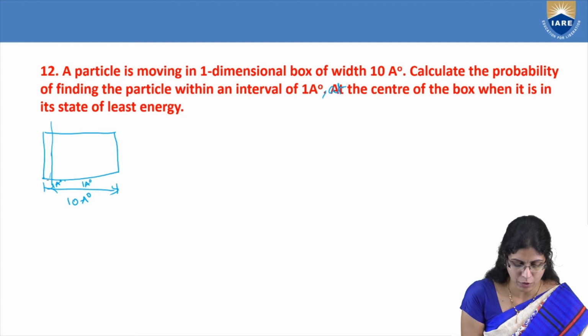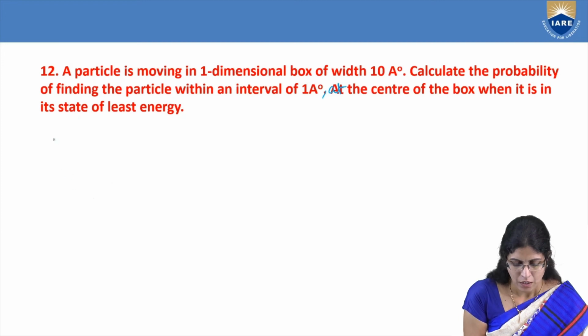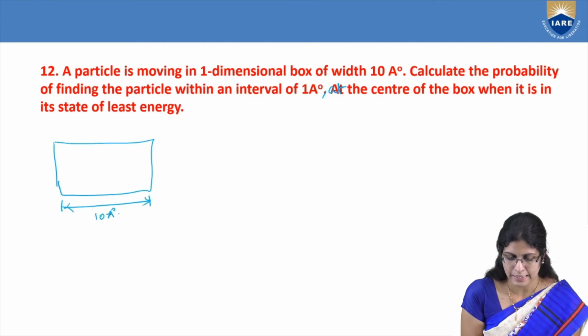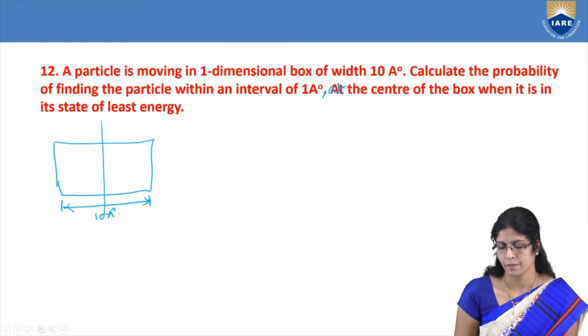So, within 1 angstrom width, it is at the center of the box. So, that's the reason why I can take it as, let me repeat once again. I'll take a one-dimensional box of width 10 angstrom and calculate the probability of finding the particle within an interval of 1 angstrom at the center of the box.